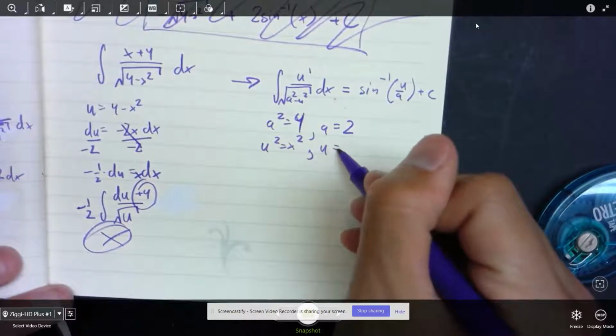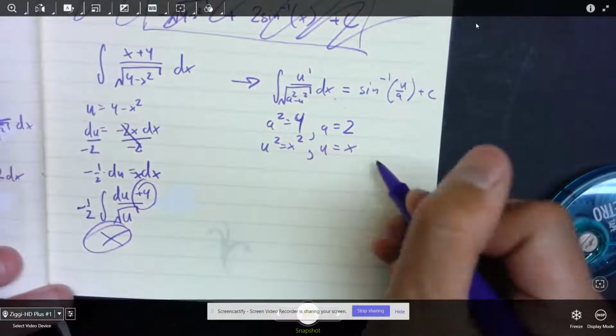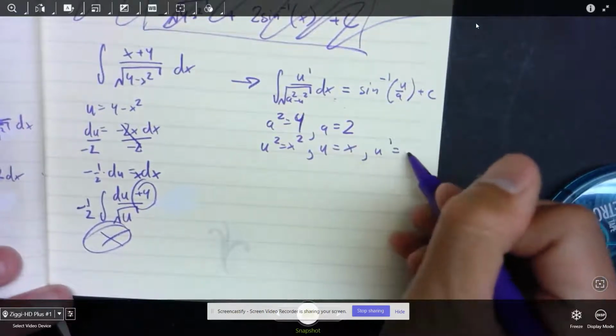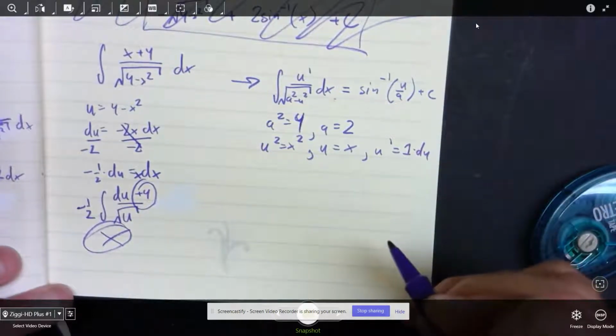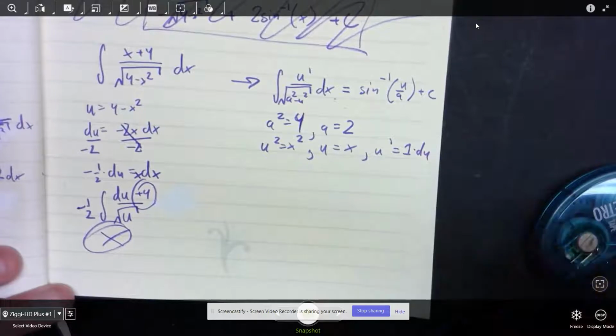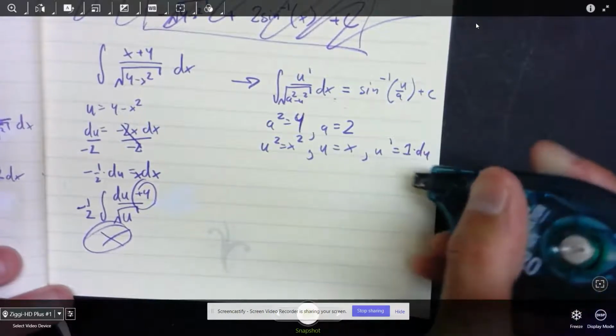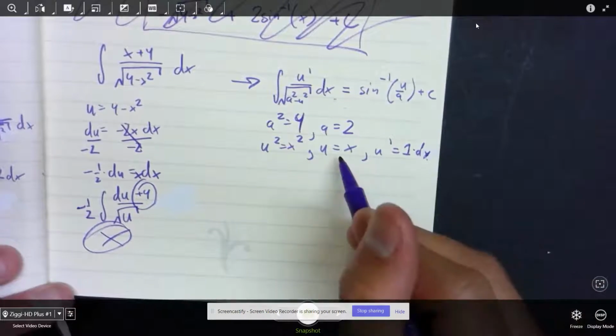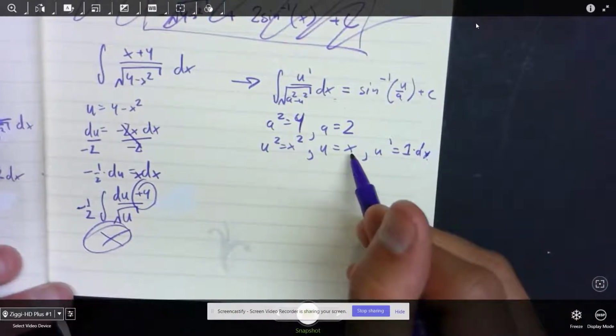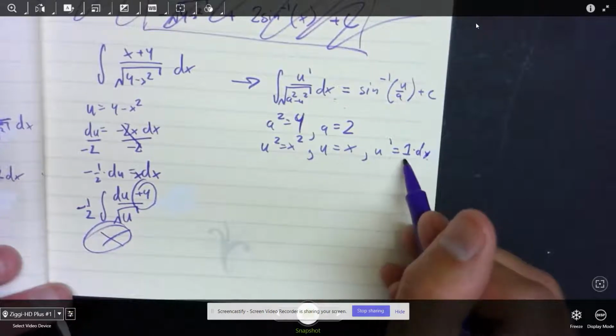That would just be x. And then u prime would be, sorry, not 1 times du, it'd be 1 with respect to x. Because when u is equal to x, the derivative of that would be 1 times dx.